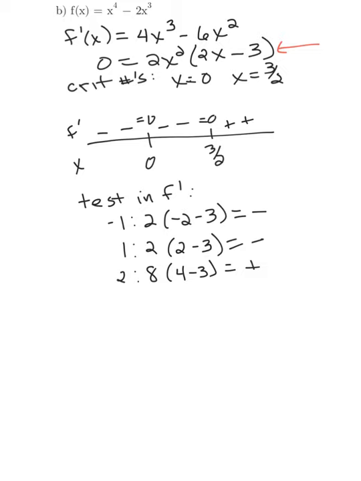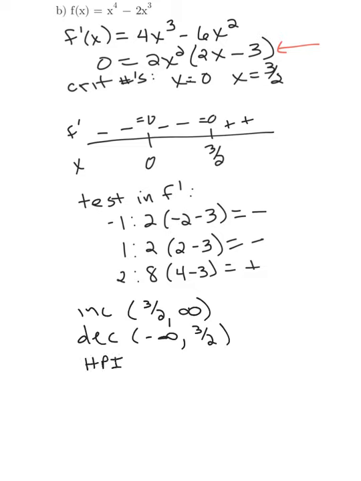What we now know is that we are increasing from 3/2 to infinity. We are decreasing from negative infinity to 3/2. Because we stayed decreasing at the critical value of 0, that critical value is an HPI. And if you put 0 into the original equation, you will get 0.